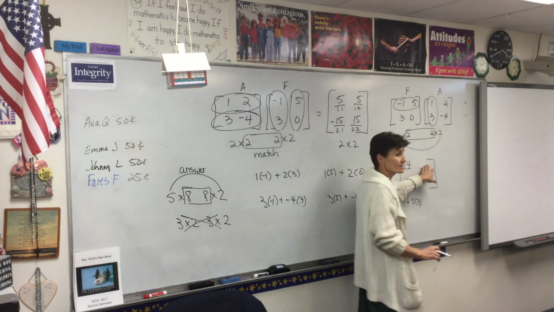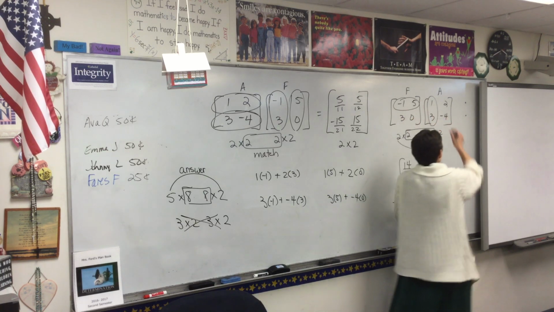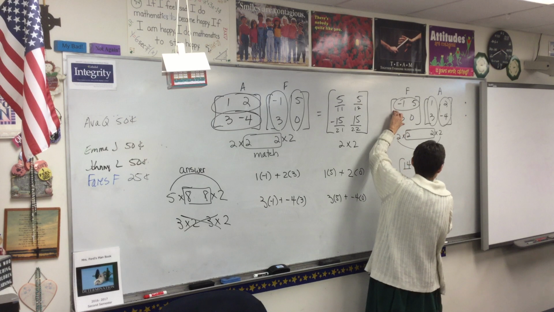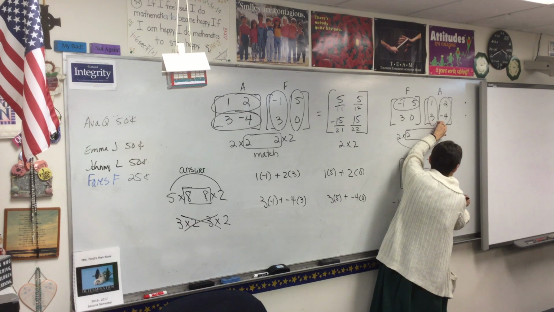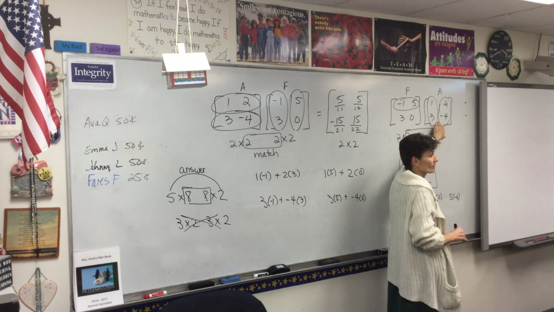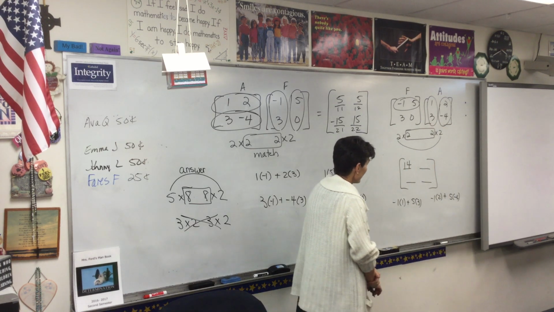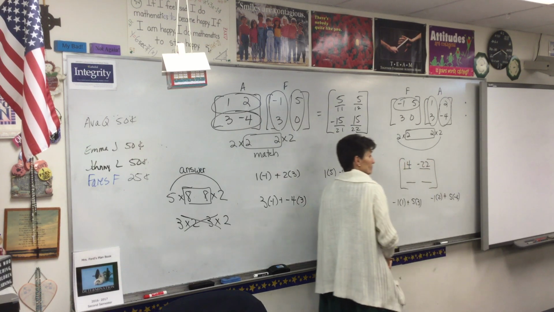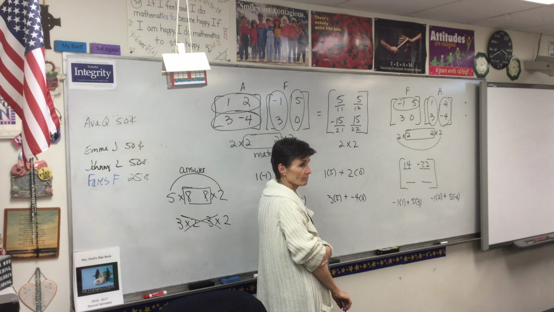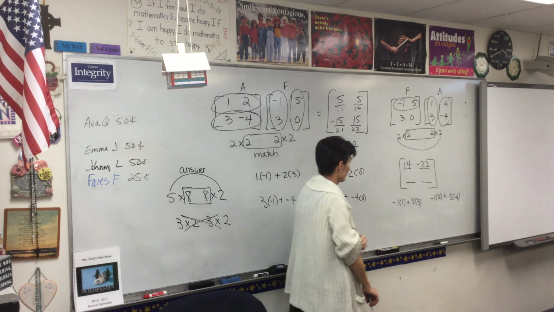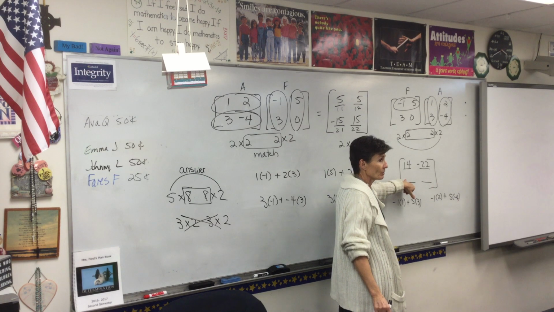Now, what spot is this? Row 1, column 2. So now I'm going to multiply my row 1 numbers times my column 2 numbers. So that's going to add up to be negative 22. Now this is the next one I'm after.